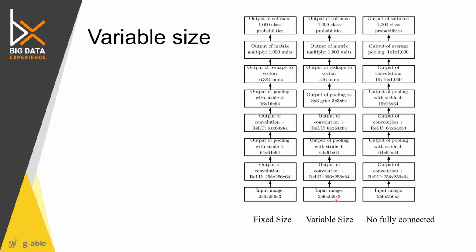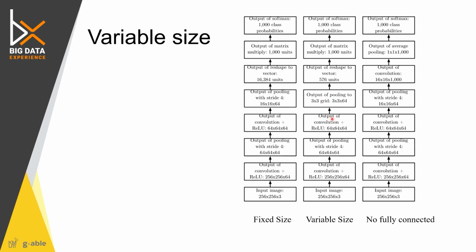For variable size, we have this size of image, and then doing the same thing, reduce again the same thing until this point. At this point, we did not specify that it should be stride 4. We resample the data into just a 3 by 3 times 64 grid. That means the whole image should now be pooled into just 3 by 3, right?